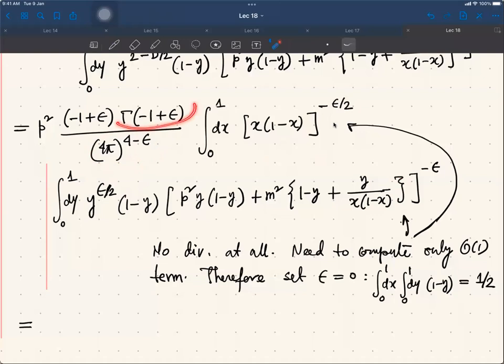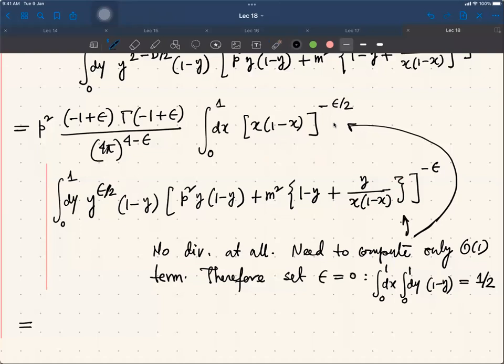So only gamma epsilon gives a pole. If you are interested only in calculating the pole, then that's enough. You don't have to calculate order epsilon terms from the factors, because pole 1 over epsilon times order epsilon term will give you order 1 terms, which we are not calculating anyway, as in the previous calculation also. We are only looking at the pole.